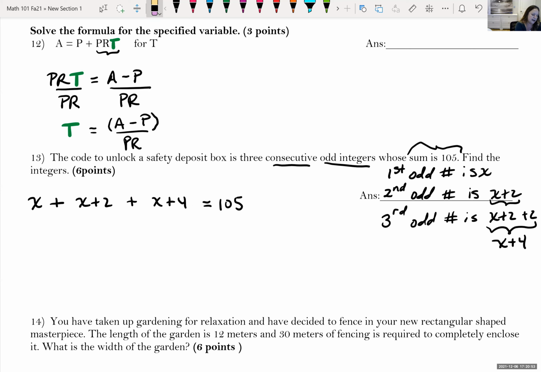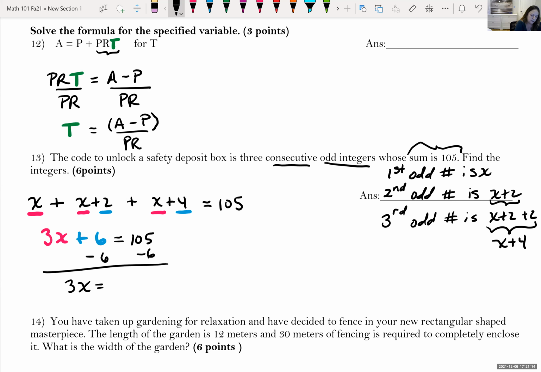So now let's combine like terms. We have 1x plus another x plus another x, so we have 3x. Adding our constants, 2 plus 4, so plus 6. This is equal to 105. If we subtract 6 on both sides, we get 3x is equal to 99.